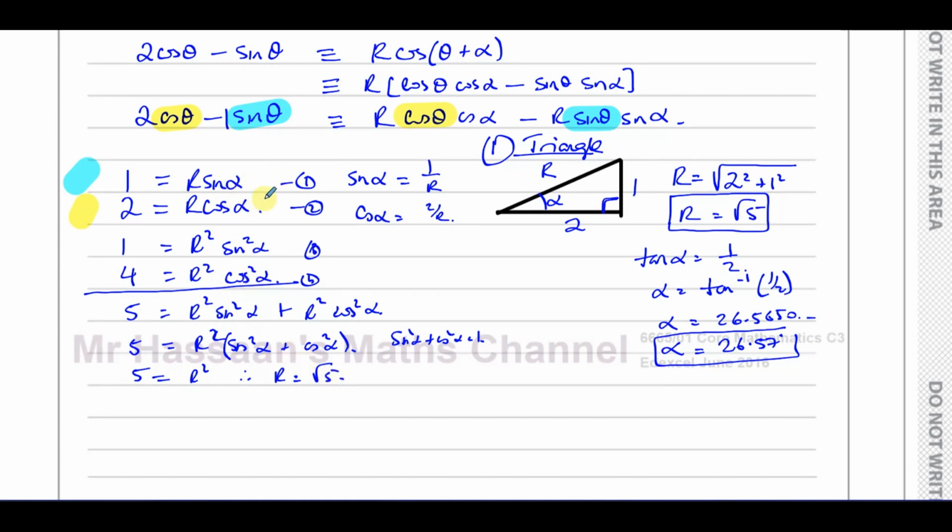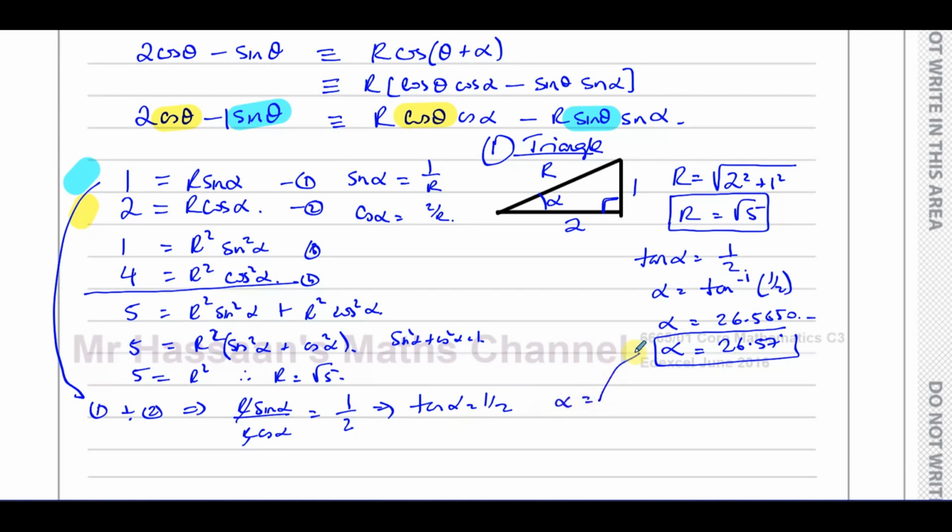And if we take equation 1 and 2 and divide equation 1 by equation 2, then we have r sine alpha over r cosine alpha equals 1 over 2. The r's cancel, and we're left with tan of alpha equals a half, which is the same thing that we did there.